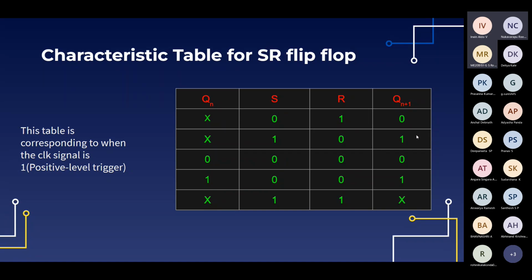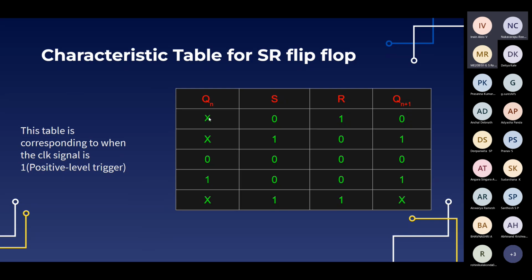So we are setting 1. S and R both 0 means nothing will happen, and the present state value Q will be directly stored there. Similarly, if the present state value is 1, 1 is directly stored here. Nothing will change. And 1, 1 is an invalid case, so we are not going to discuss it.